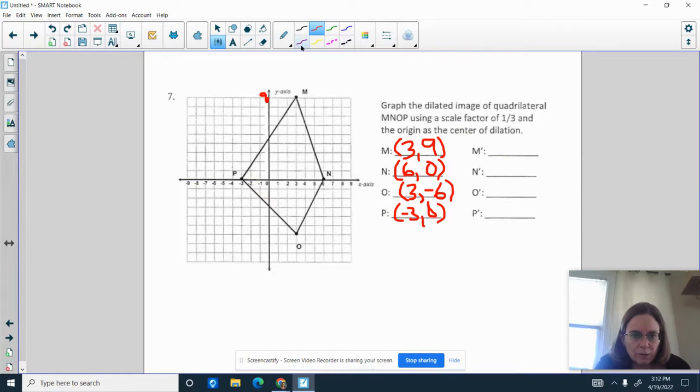Okay. So what I'm going to do is take each of these numbers and multiply them by 1/3. When you multiply by 1/3, you can use a calculator to do that. Lots of people ask me how to multiply on a calculator.